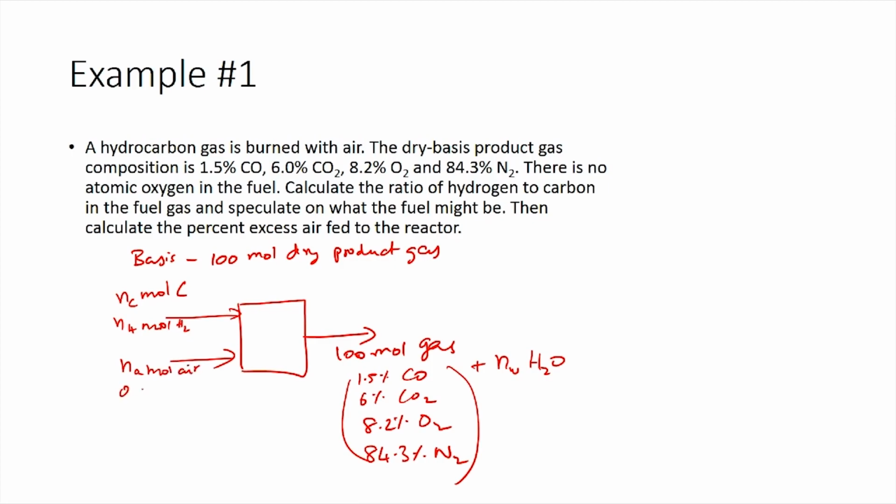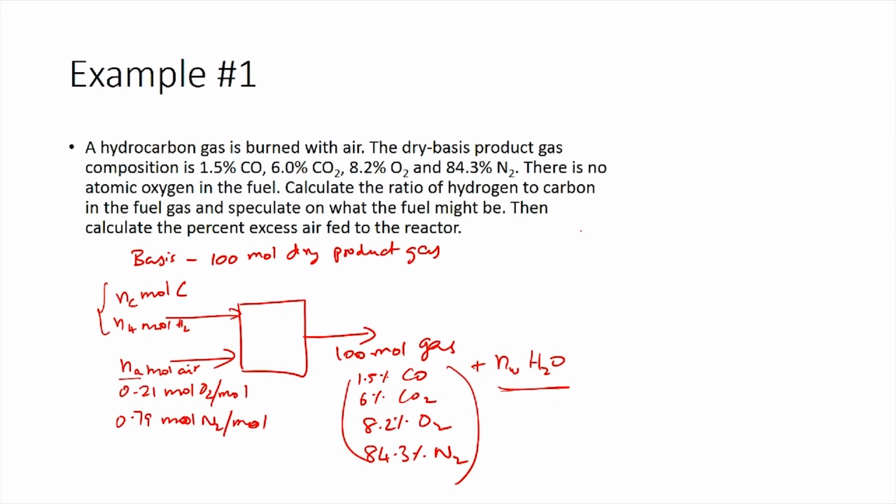So this would contain 0.21 moles of oxygen per mole and 0.79 moles of nitrogen per mole. So now with all this information we now need to calculate how much water is leaving the system and what is the ratio of NC to NH and what is Na, so that we can identify the percent excess of air which is being supplied. So how do we go about performing these calculations?